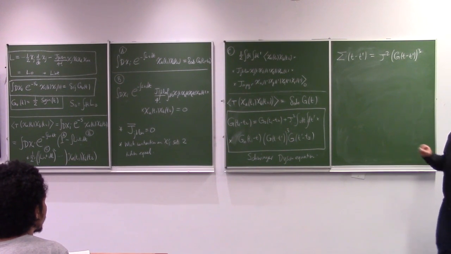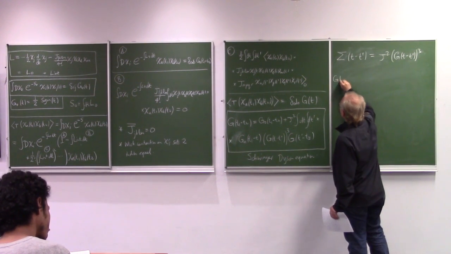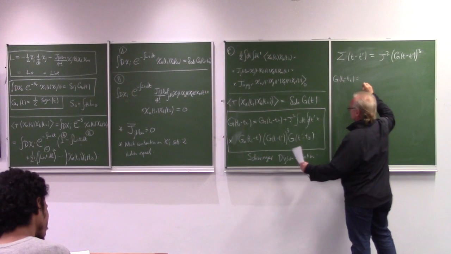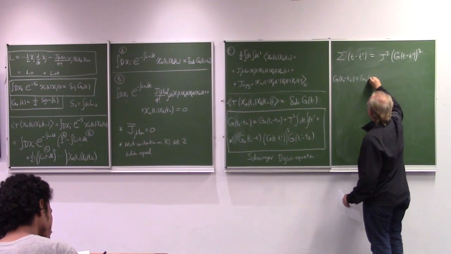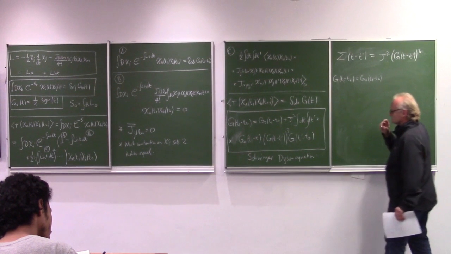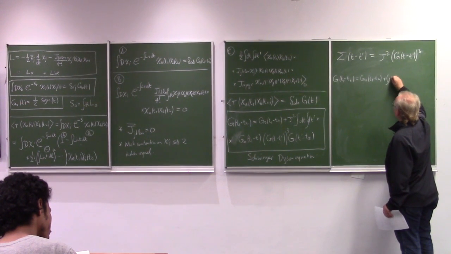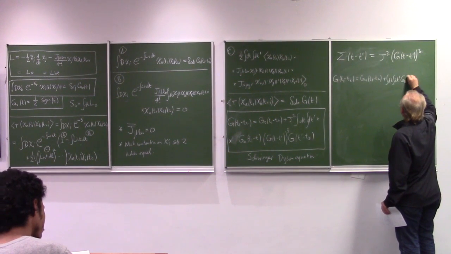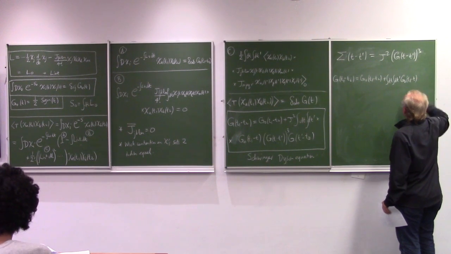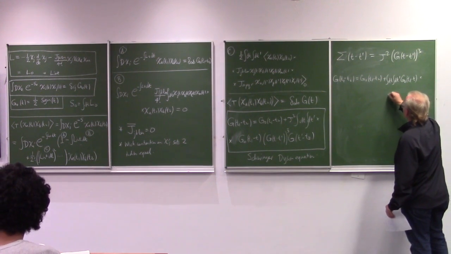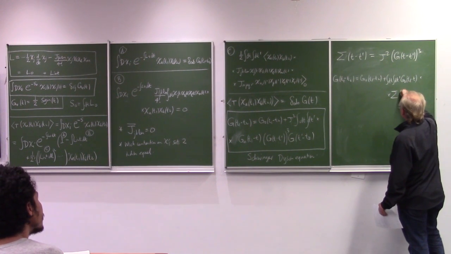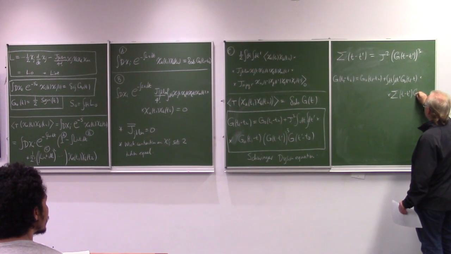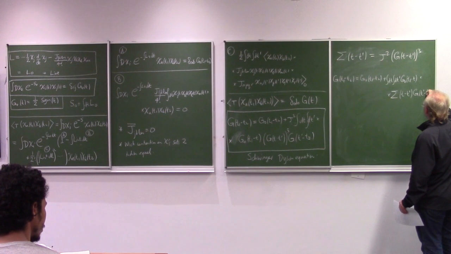And then this equation becomes: G of t1 minus t2 is equal to G naught of t1 minus t2 plus integral dt integral dt prime G naught of t1 minus t times sigma of t minus t prime times G of t prime minus t2.